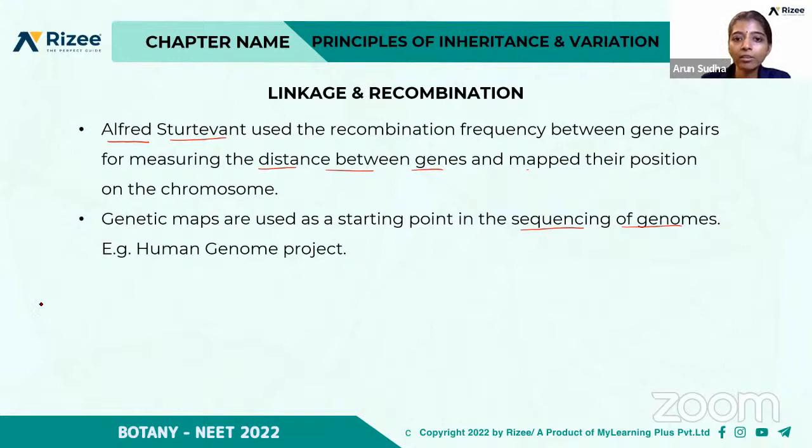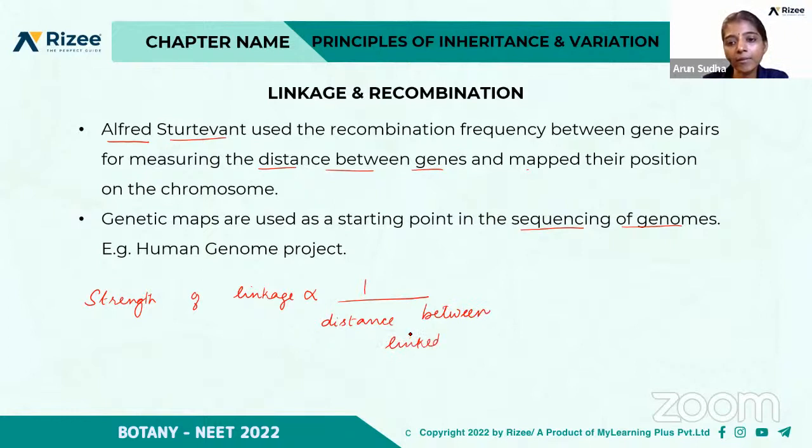Okay, so the strength of linkage is inversely related to the distance between linked genes. And it is also proportional to 1 by crossing over.